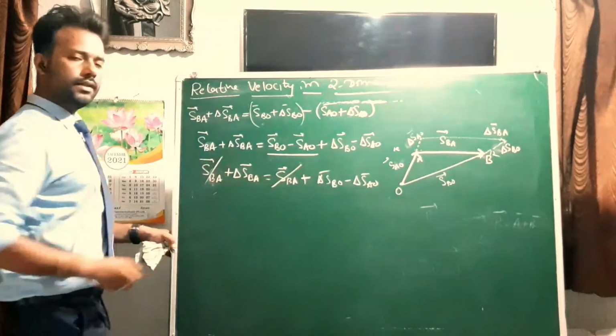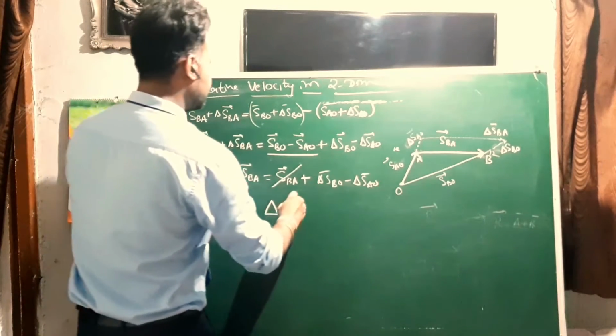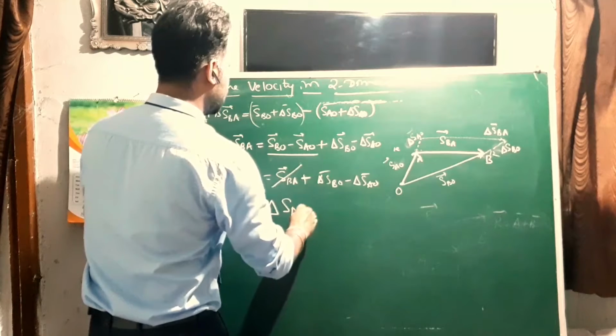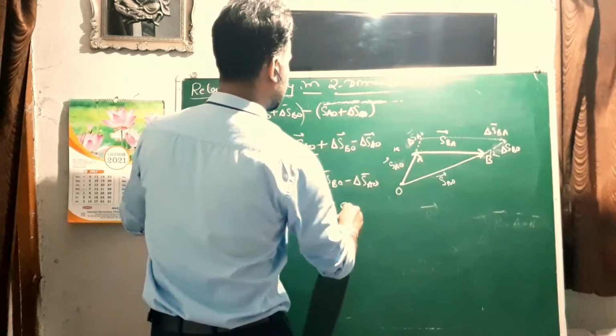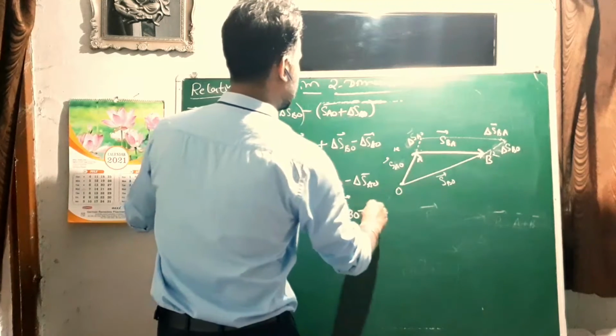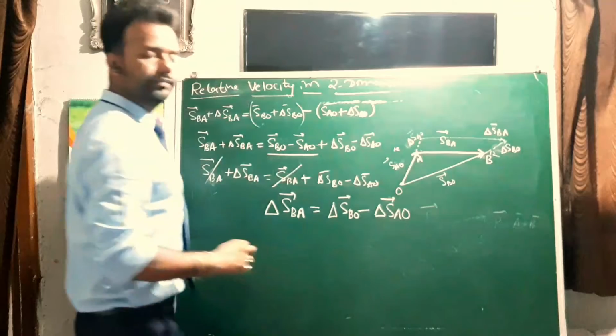So this is being cancelled. Now we are left with del SBA equals to del SBO minus del SAO.